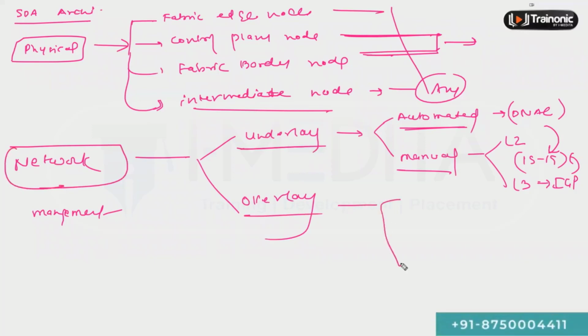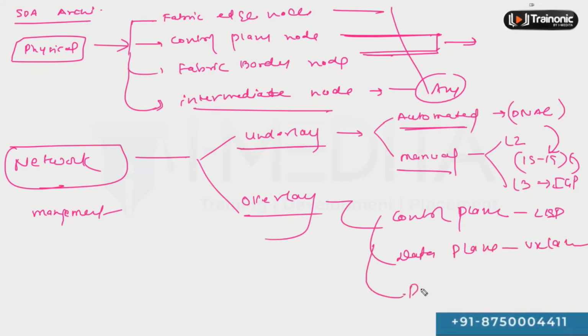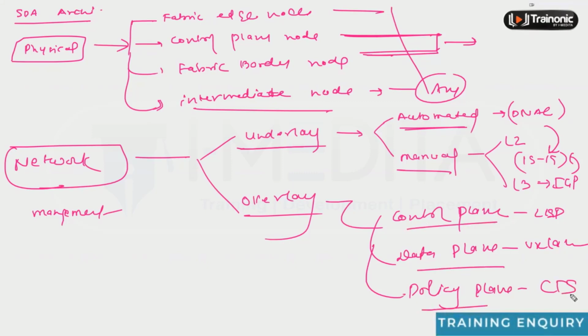In the overlay, we have the control plane based on LISP, we have the data plane based on VXLAN, and we have the policy plane based on Cisco TrustSec. Okay. So different tunnels are created from one fabric edge node to another fabric edge node.